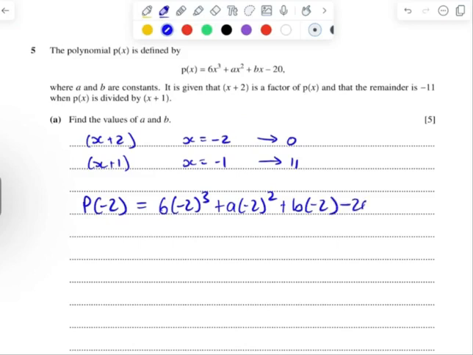2 minus 20, we know that's a factor, so it must equal 0. Okay, so just watch out for your negative signs here. So this is minus 8. Minus 8 times 6 is minus 48.